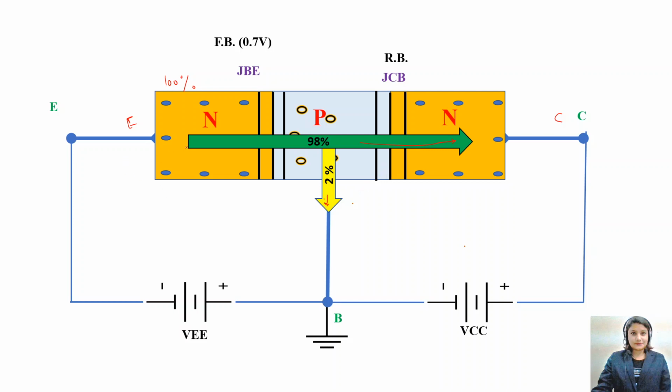Because of this flow of electrons, in the input circuit your emitter current is flowing, and this is the collector current. It is also coming inside from the collector terminal. You know this very well.